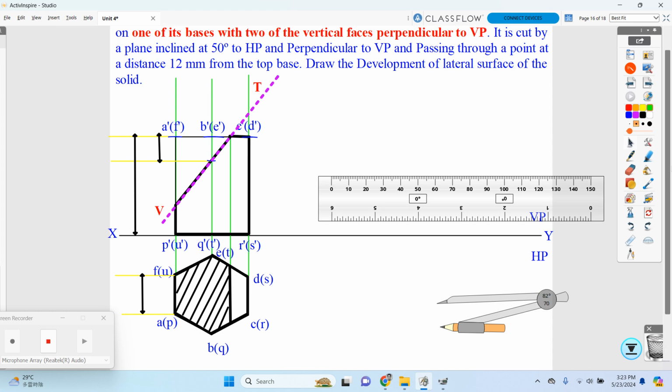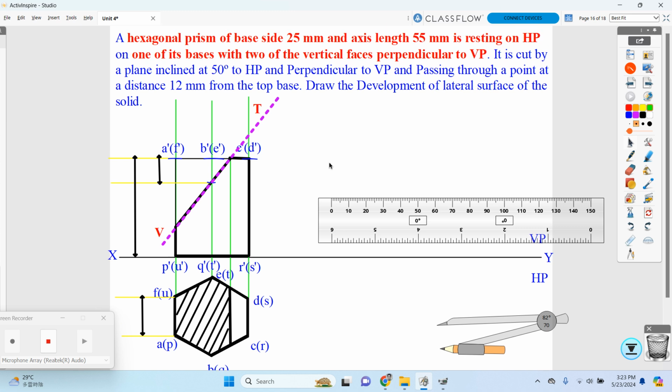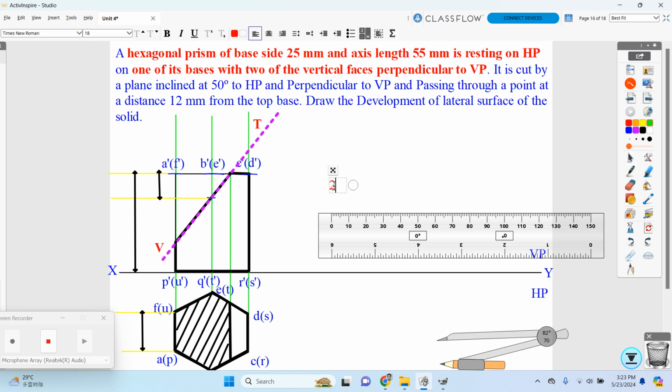One side of your prism base is 25 mm, so we place 25 over here. Then the height of your prism is 55. Then our cutting plane condition is 12 mm from the top.